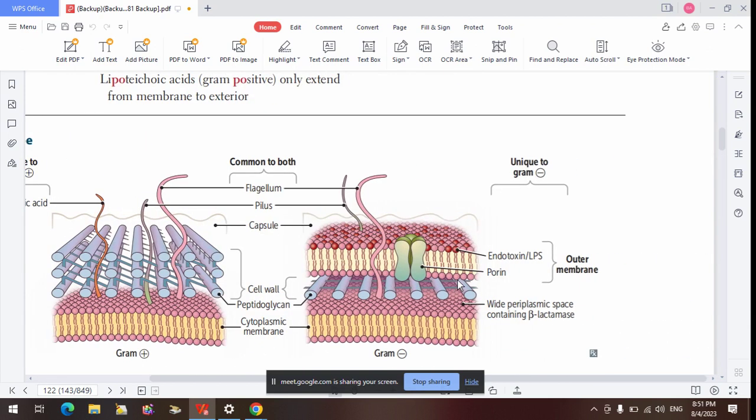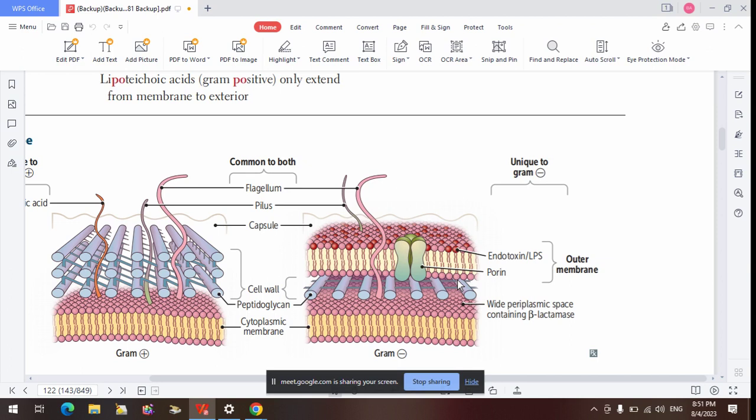One more time. We said part of what we find in the cytoplasmic membrane is what? Penicillin binding protein, in addition to the oxidative enzymes, the transport enzymes, as well as the lipoteichoic acid. So we have penicillin binding protein enmeshed within that cytoplasmic membrane.